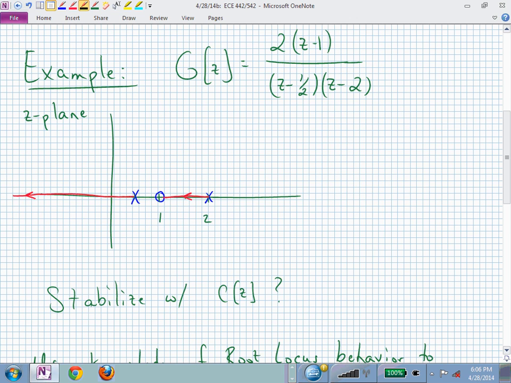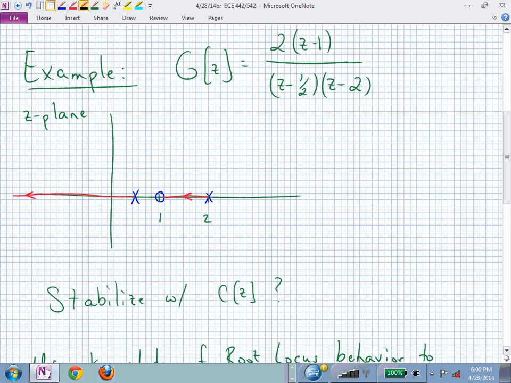We can't cancel unstable poles and zeros. But we can put poles and zeros outside the unit circle. Is that clear? When I say you can't cancel unstable poles and zeros, that does not mean you can't put poles and zeros outside the unit circle.